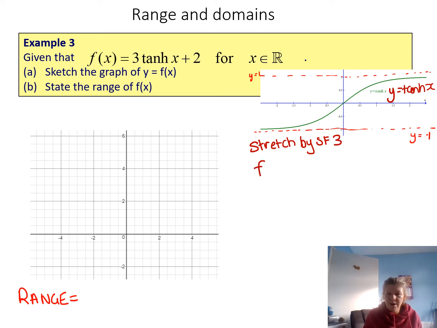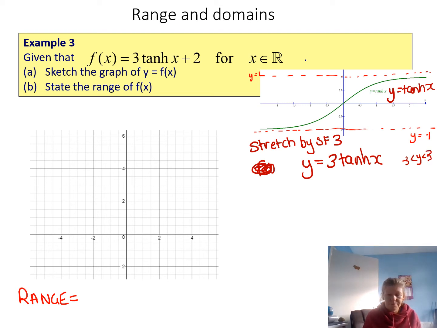Let's not do f of x, let's do y. Y would equal, stretching, so you put it over 3 there, and then the 3 pops up, 3 tan x. What that would look like is it would go between, not minus 1 and 1, if it's been stretched by 3, it'd be going between minus 3 and 3.